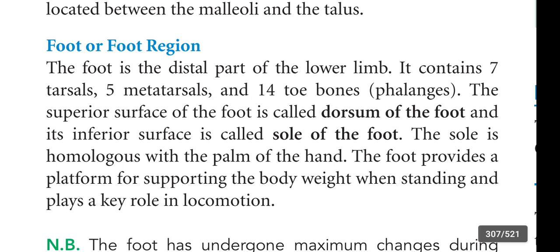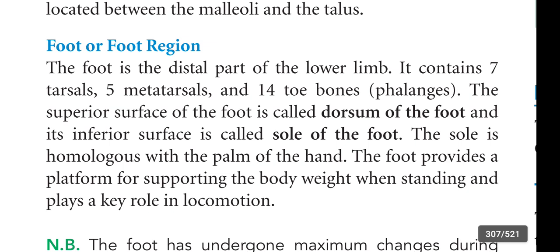Once again, foot or foot region. The foot is the distal part of the lower limb. It contains the 7 tarsals, 5 metatarsals, and 14 phalanges.